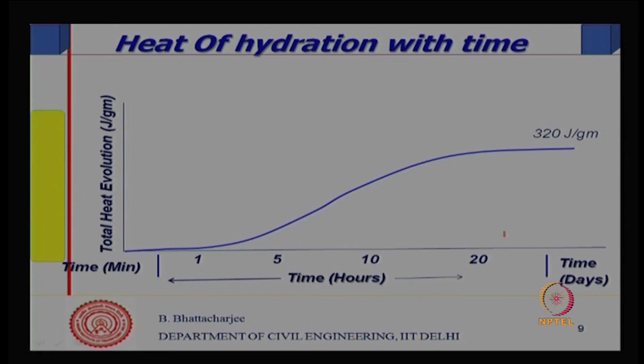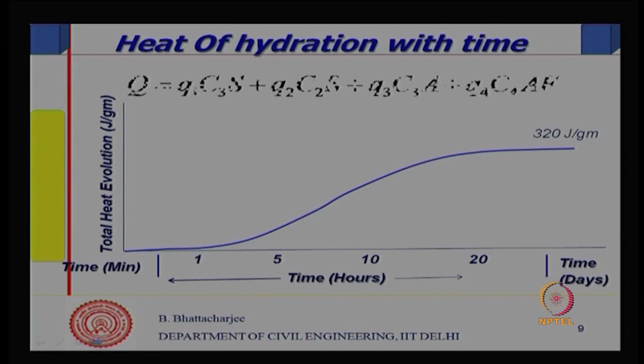The peak rate of heat evolution will be at 4 to 6 hours, about 7, 8, 10 hours, and after that it stabilizes. The initial peak is not a long period, so if you sum it up it is not very large. The rate of heat evolution increases, attains a peak, and after that it reduces, so the total heat evolution also reduces.